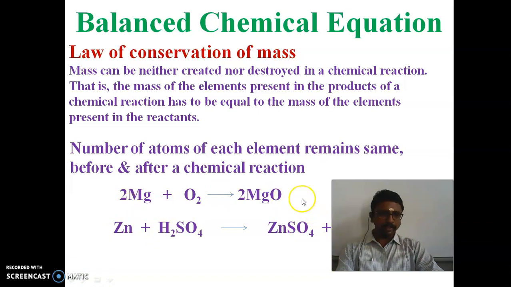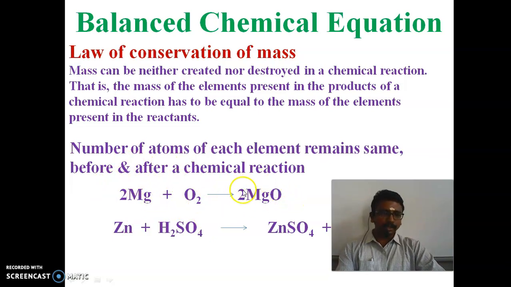In the first equation, which is reactant and which is product? What is the reactant? Where is it placed? It is placed on the left hand side. So the left hand side is the reactant. So magnesium plus oxygen O2 is the reactant.